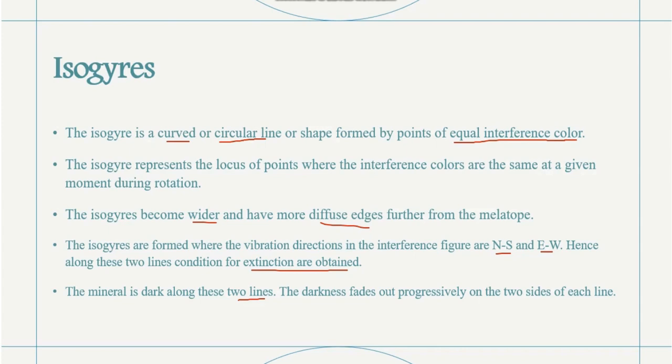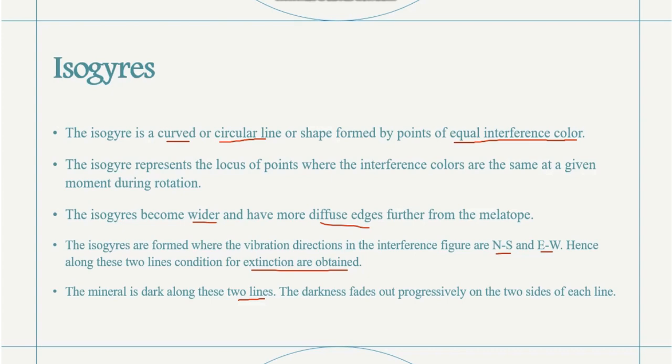Hence, along these two lines, the conditions for extinction are obtained. Now the mineral is dark along these two lines. It becomes extinct. Therefore, the darkness fades out progressively on the two sides of each line. So that's how the isogyres come into the picture.